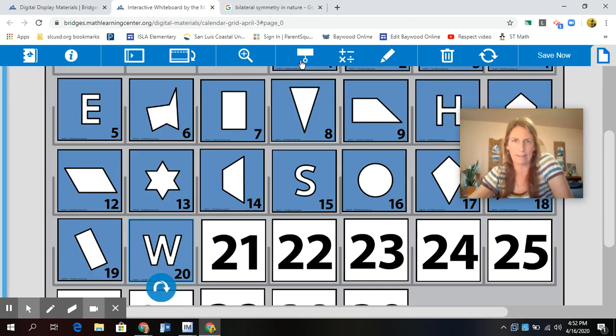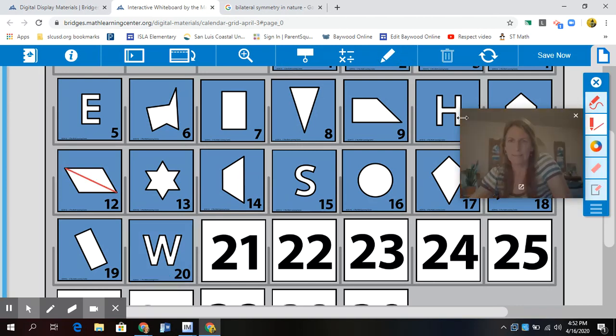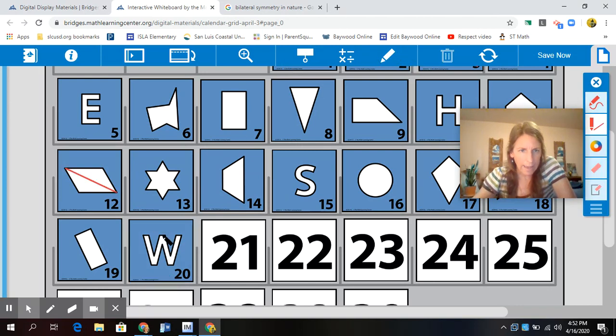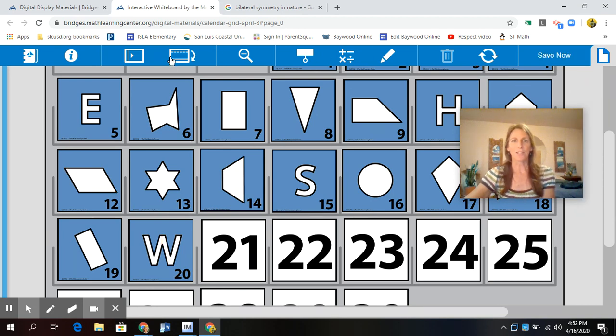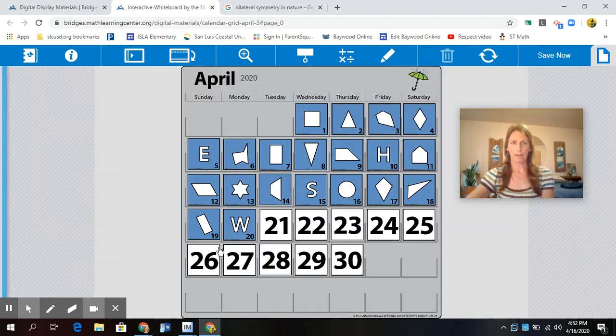If I were to cut it in half, and I looked at this side compared to that side, it sure looks like 2 letter V's to me that could fold right up on each other. Why don't they call it a double V? I don't know. Okay, so let's bring us back to the 20th.